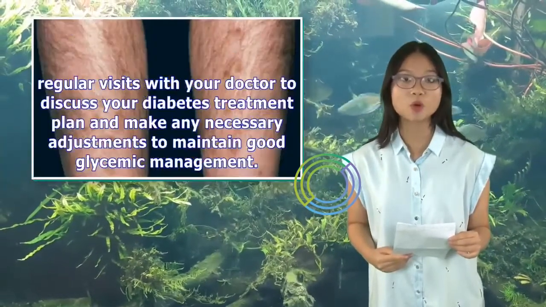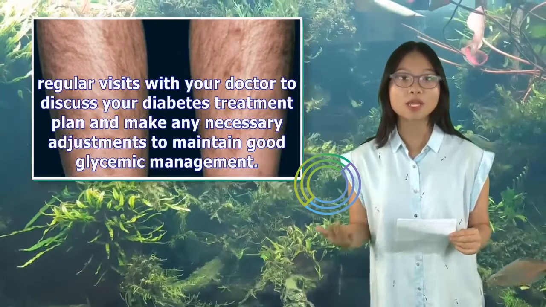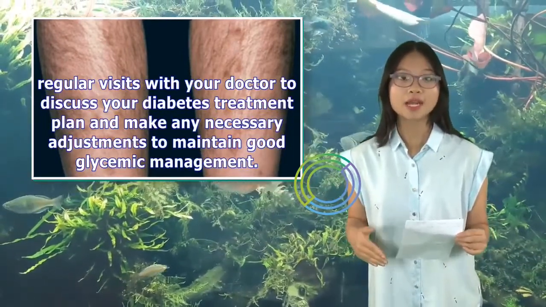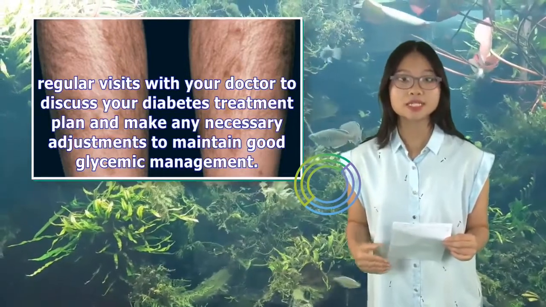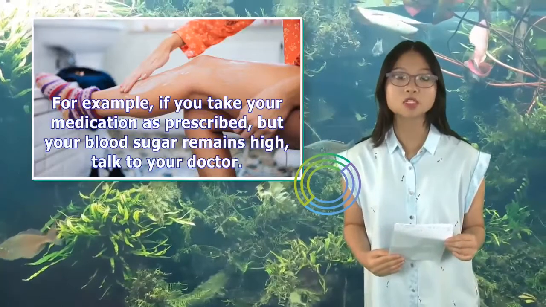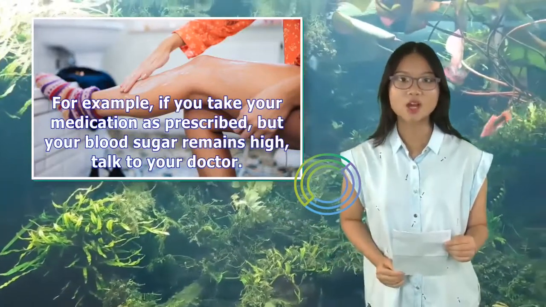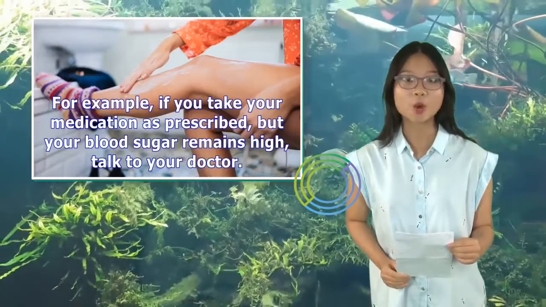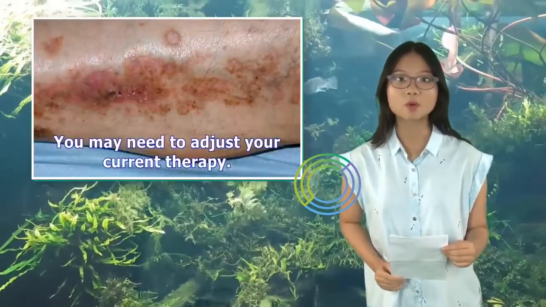It's important to schedule regular visits with your doctor to discuss your diabetes treatment plan and make any necessary adjustments to maintain good glycemic management. For example, if you take your medication as prescribed, but your blood sugar remains high, talk to your doctor. You may need to adjust your current therapy.